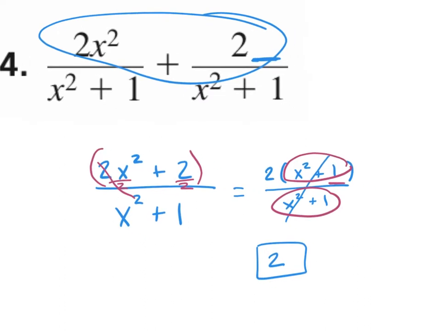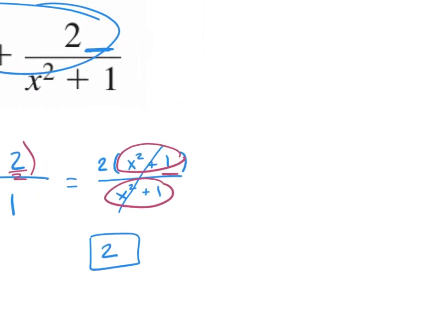And remember, anytime we cancel out, we want to state our restriction. So we have x squared plus 1 does not equal 0. What do we do to solve for x? Subtract 1. So x squared does not equal negative 1. Then what do we do? Square root.